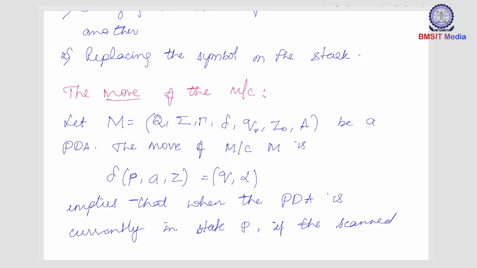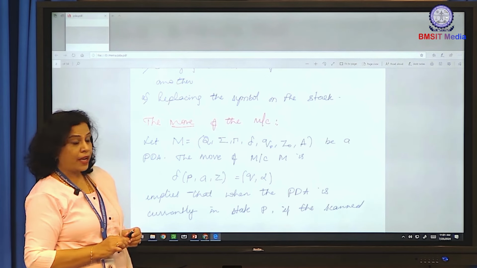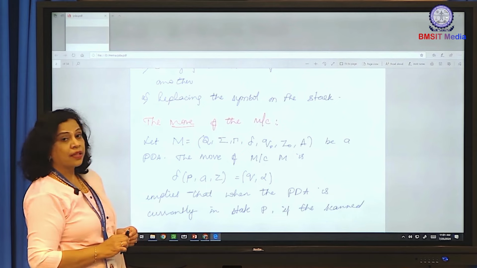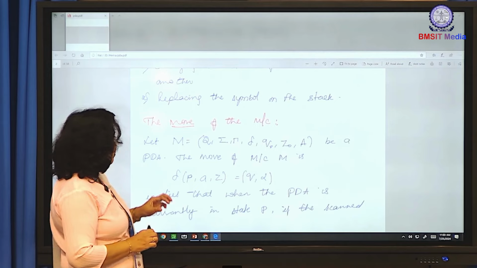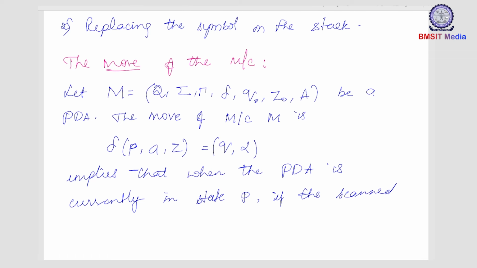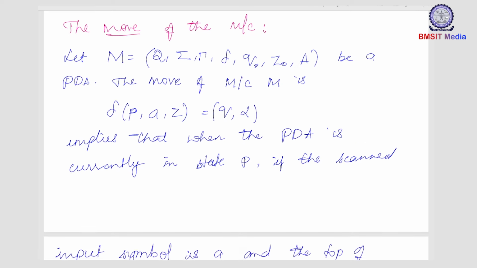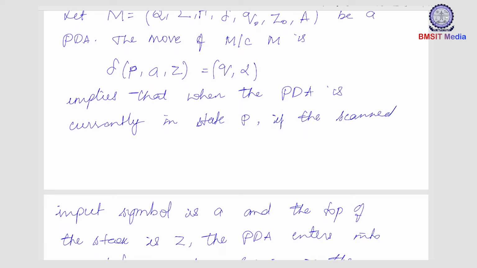We need to know certain terminologies before we design the actual PDA. One such is the move. Let M = (Q, Sigma, Tau, Delta, Q0, Z0, A) be a PDA. The move of the machine is defined as delta of (p, a, Z) = (q, alpha).